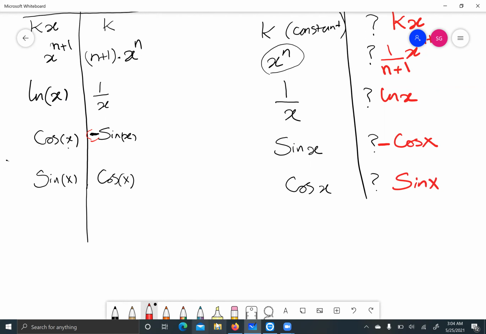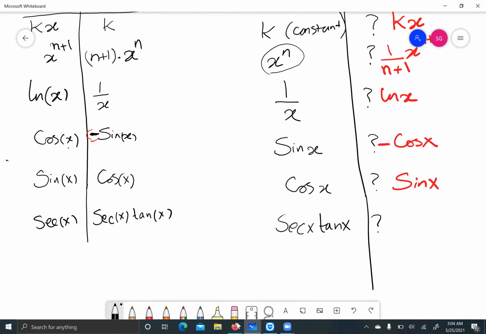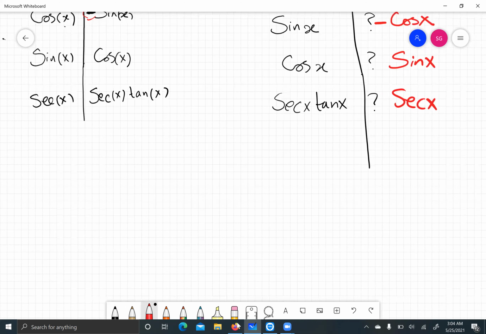What else? Secant tangent. If we have secant tangent, what's the antiderivative? Do you remember the derivative rule? The derivative of secant is secant tangent. So this is secant.